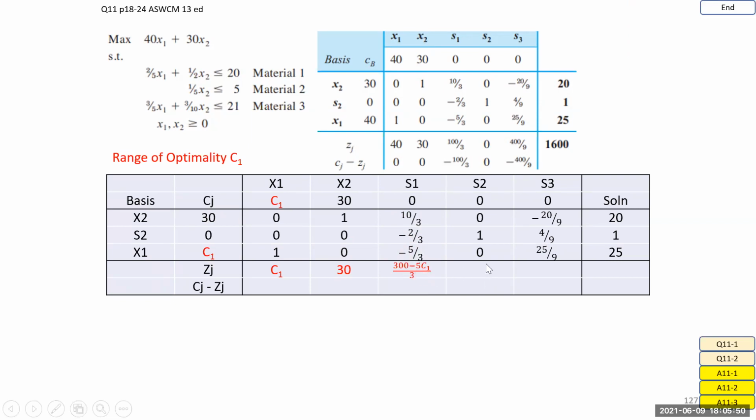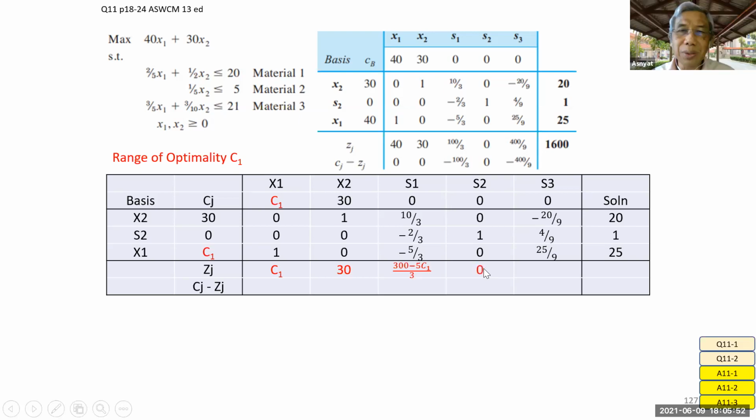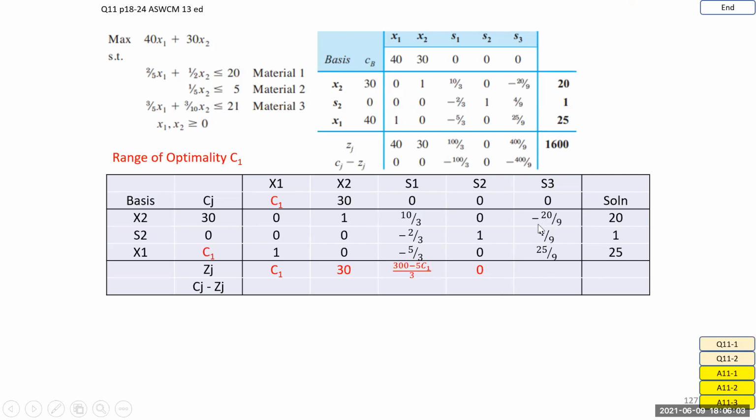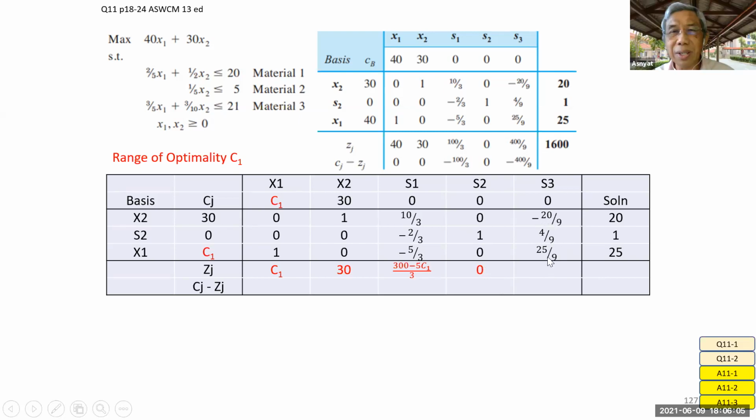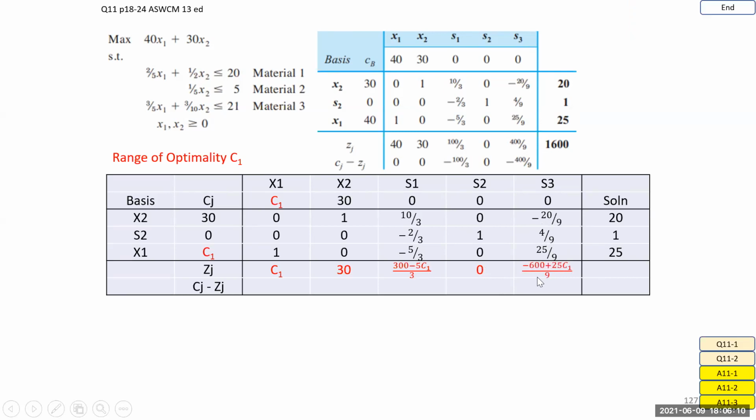Yes. And then here, 0, 0. Over here, negative 30 times 20 is 600, plus 25 C1 over 9. Okay, we do this one.